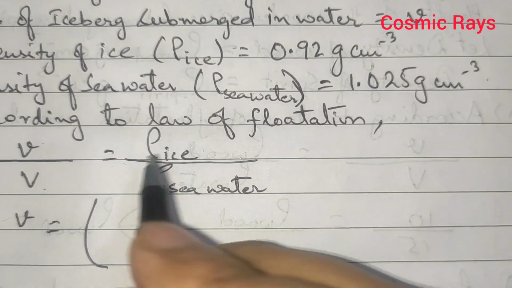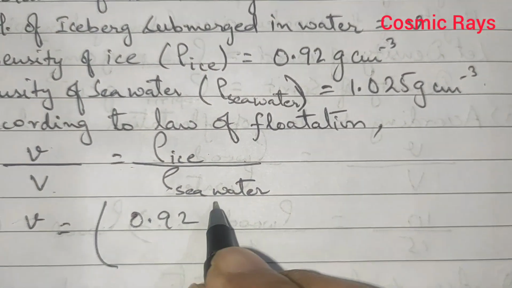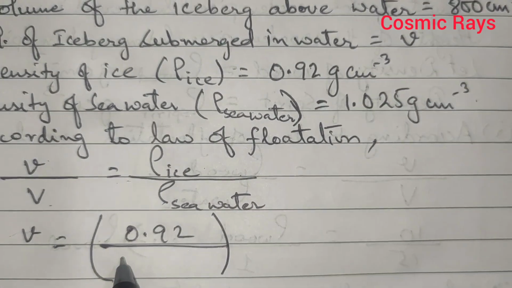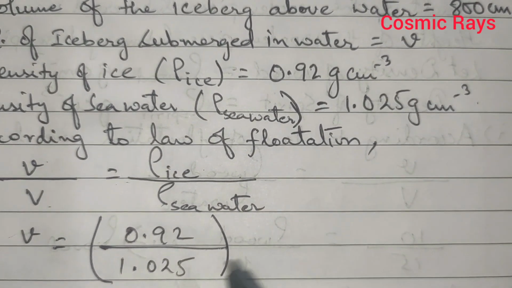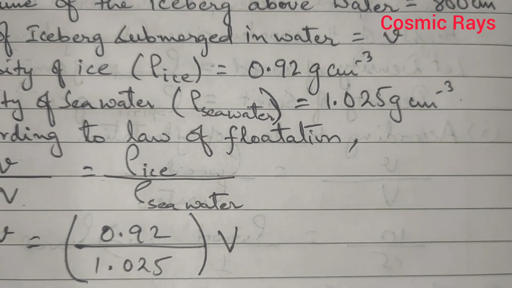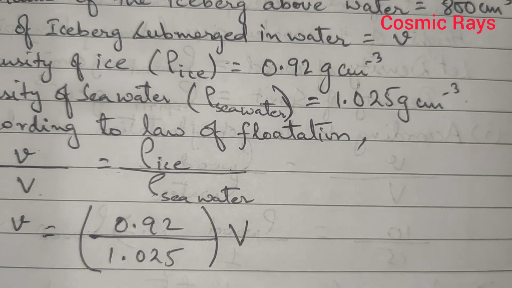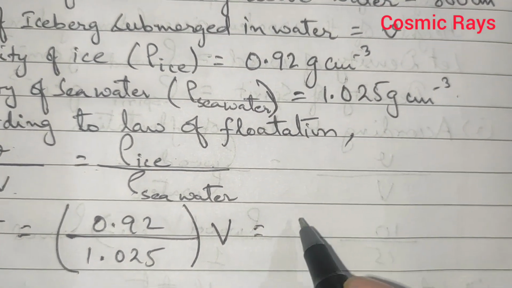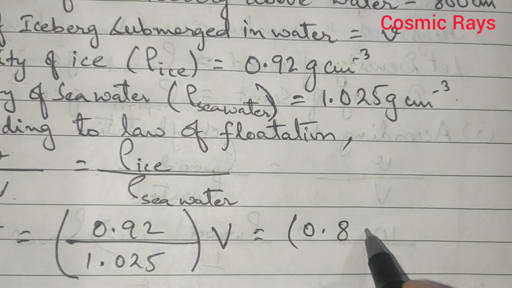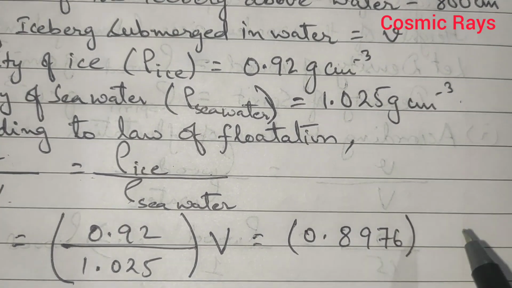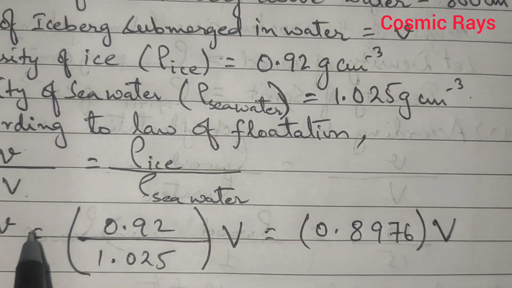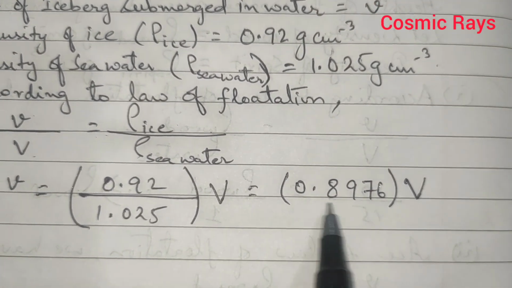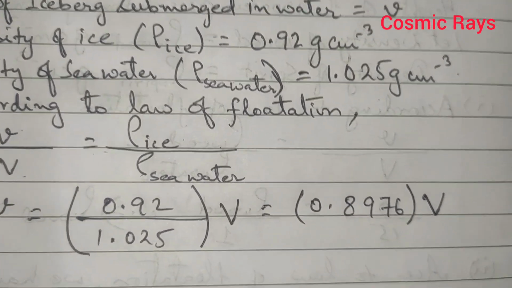So rho ice is 0.92 divided by the density of seawater 1.025 multiplied by the total volume. So this comes out to be, after division, 0.8976 of the total volume. So the volume which is submerged is this part of the total volume.